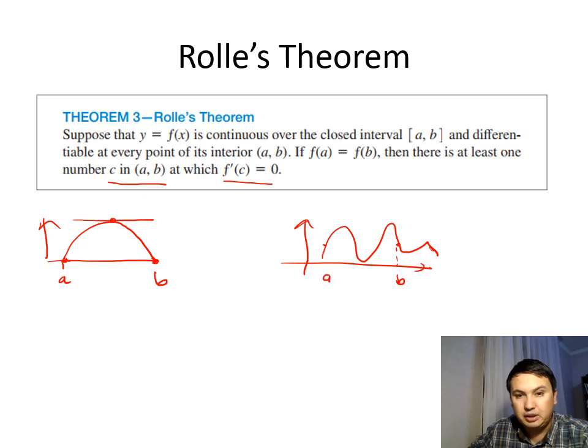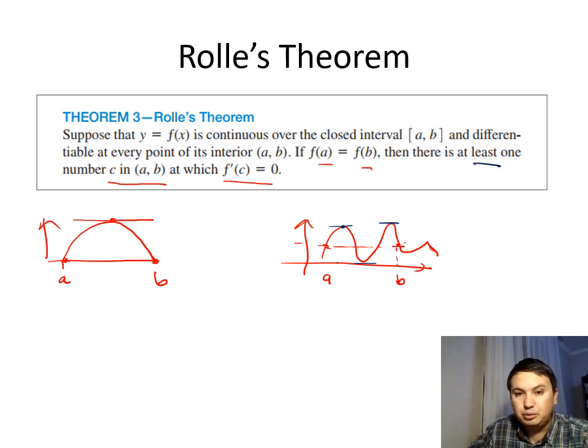Remember, they must be equal, so they are at the same level. And then we see that in fact we have one point here where the tangent is horizontal, another point here, right? So we have 3 points where the function has 0 derivative. So at least one, right?